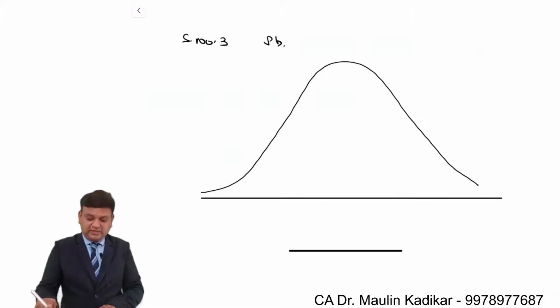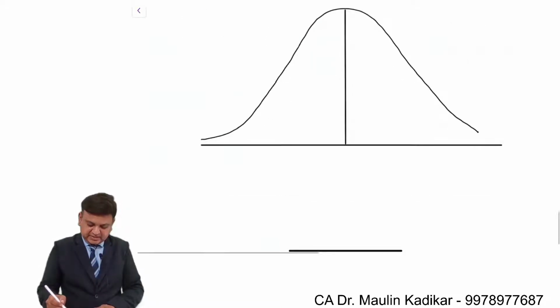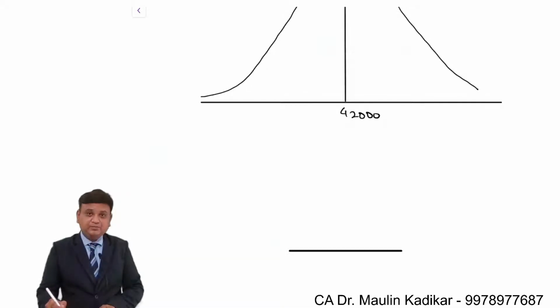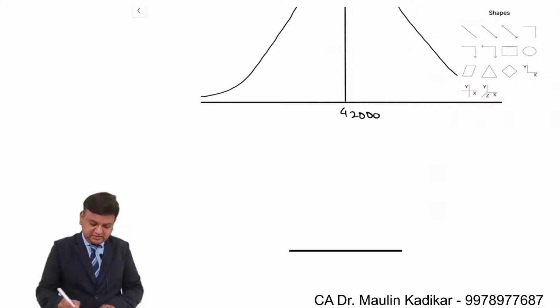this is the bell-shaped curve diagram. Exactly in between it is x bar, that is an amount of 42,000. 0 is plotted on the left hand side.